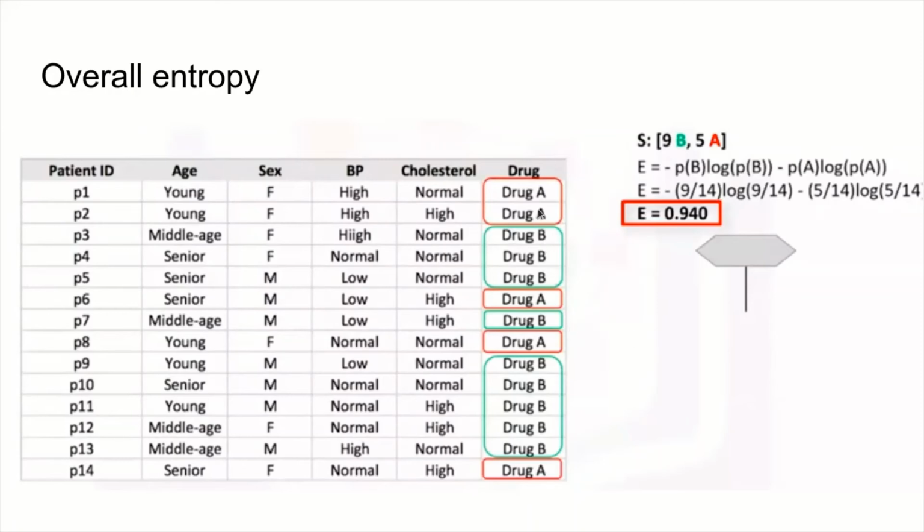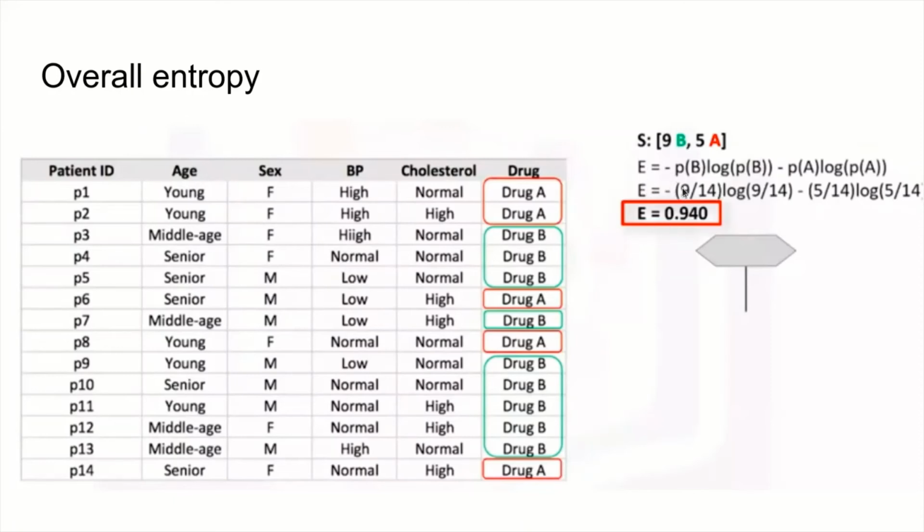Well, in this case, counting the probability of obtaining drug A and drug B. And this is the starting entropy. Remember information gain. We have to measure the entropy before making a split and after making a split. So again, I'm using here the entropy formula. However, you can use whatever method you want. You can use the Gini index or the entropy formula.